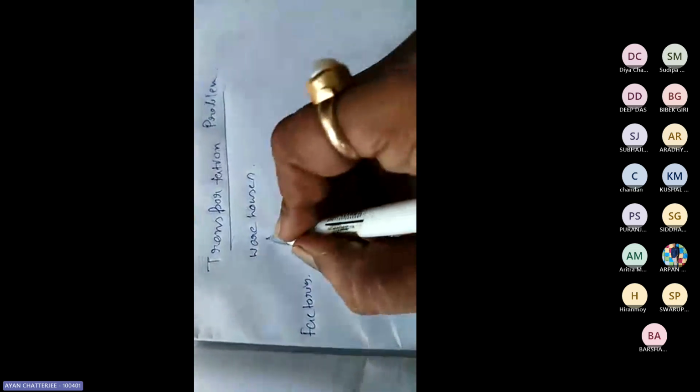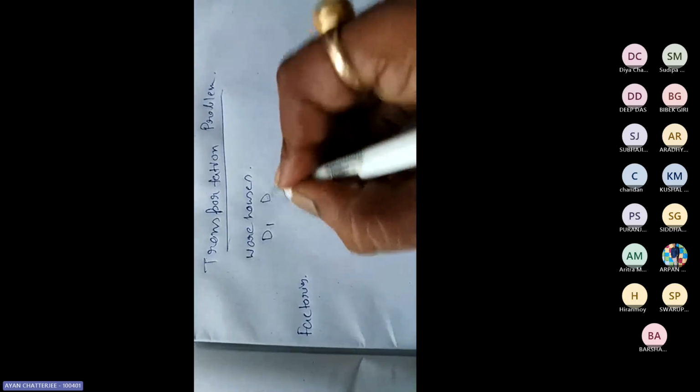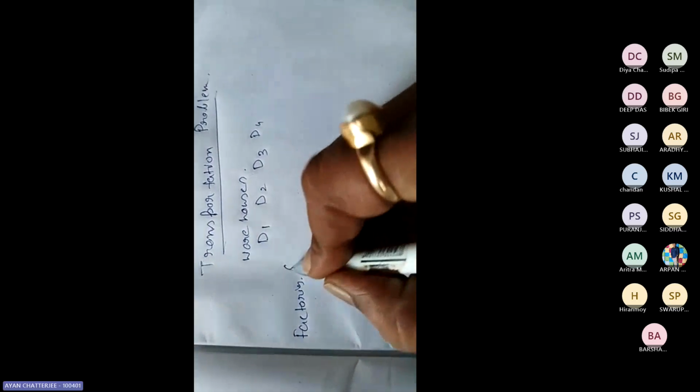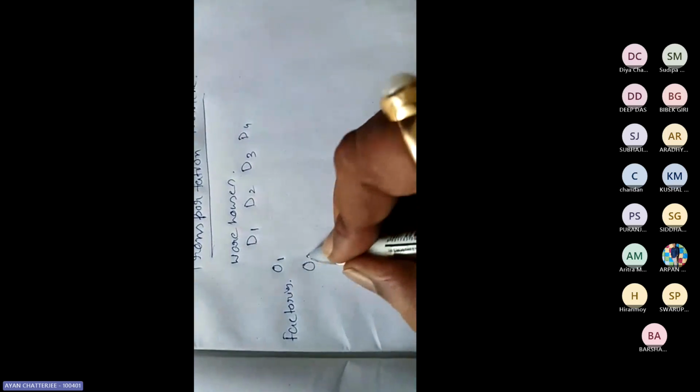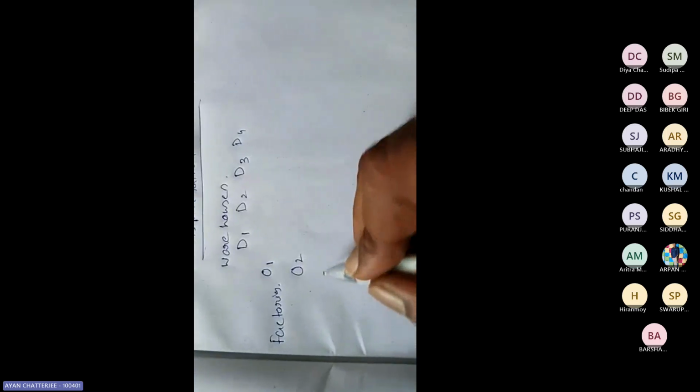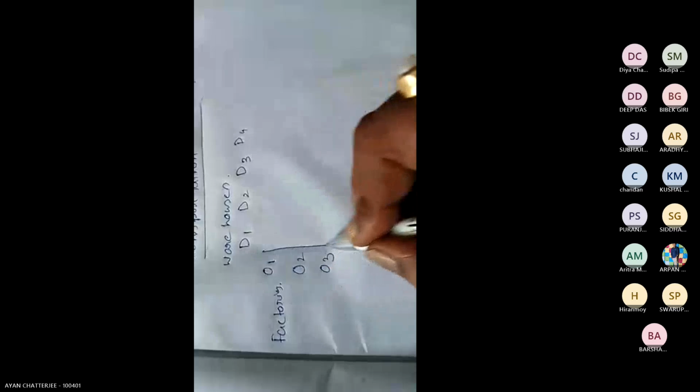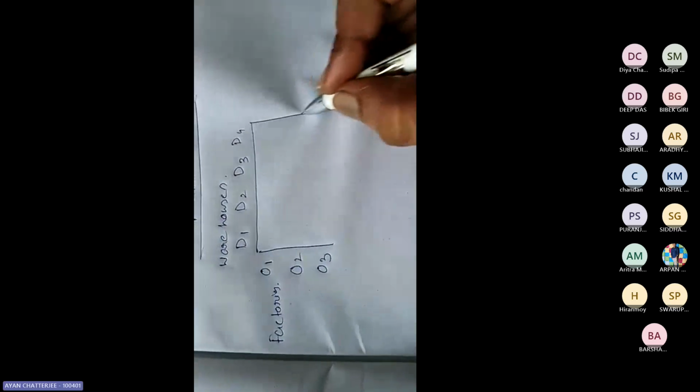Okay. So the thing is, what I'm going to do here, look. What kind of problem are you going to get? Basically, the problem may look like this. You have the warehouses D1, D2, D3, and D4. Corresponding to that, you have the factories O1, O2, and O3. Okay, and you have a table like this.